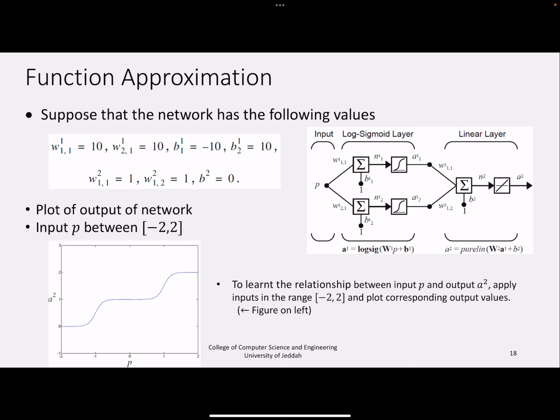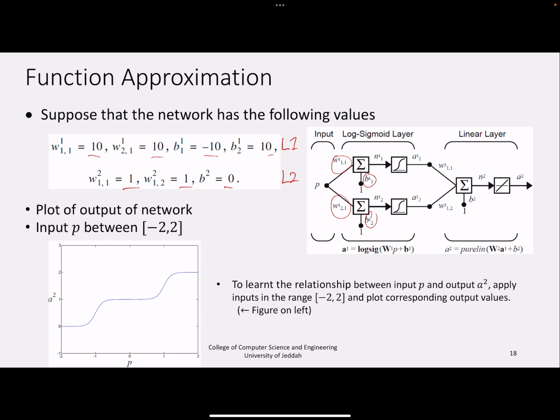So for layer number 1, we have weights 10 and 10, bias values minus 10 and 10 for the two neurons that we have over here. And for layer number 2, we have two weights. I'm going to set them to 1 and 1 and the bias value to 0.